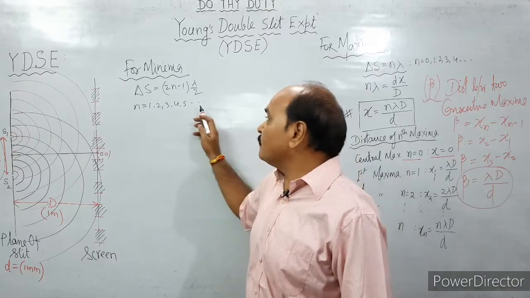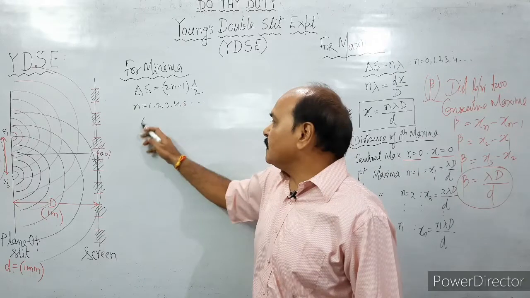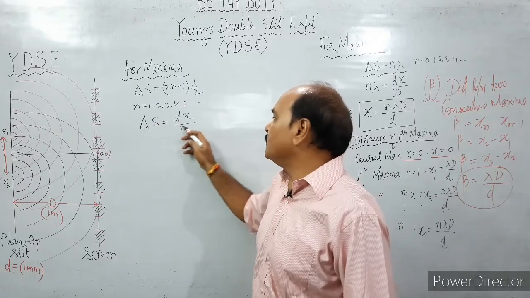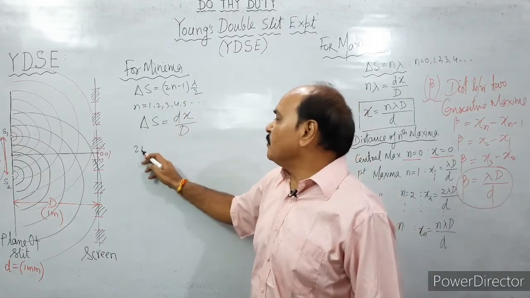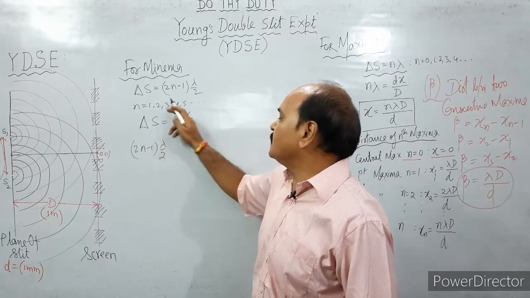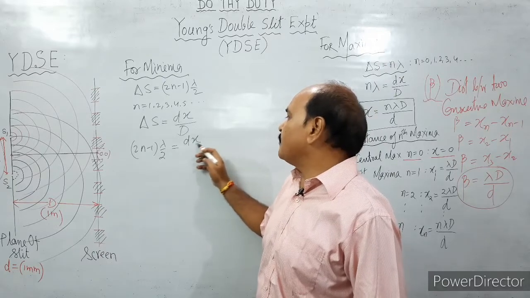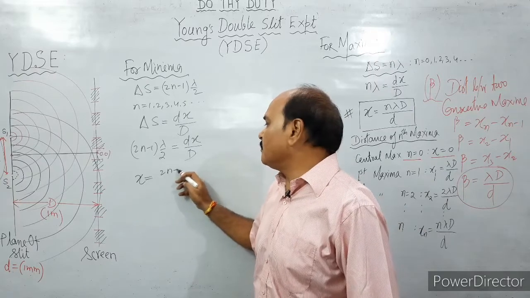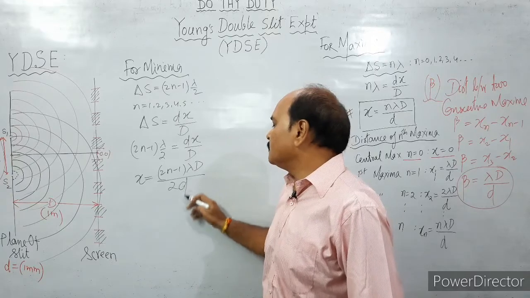These are orders of various minimas, and we have already seen that delta S is equal to d x upon capital D. If we equate delta S with the condition for minima, (2n minus 1) lambda by 2 equals d x upon capital D. This simply means x is going to be (2n minus 1) lambda times capital D upon 2d.